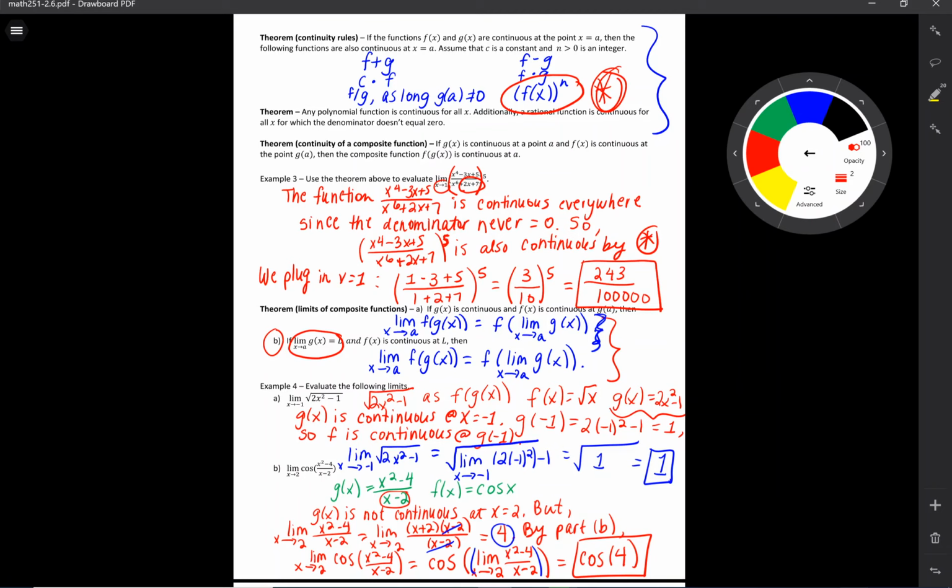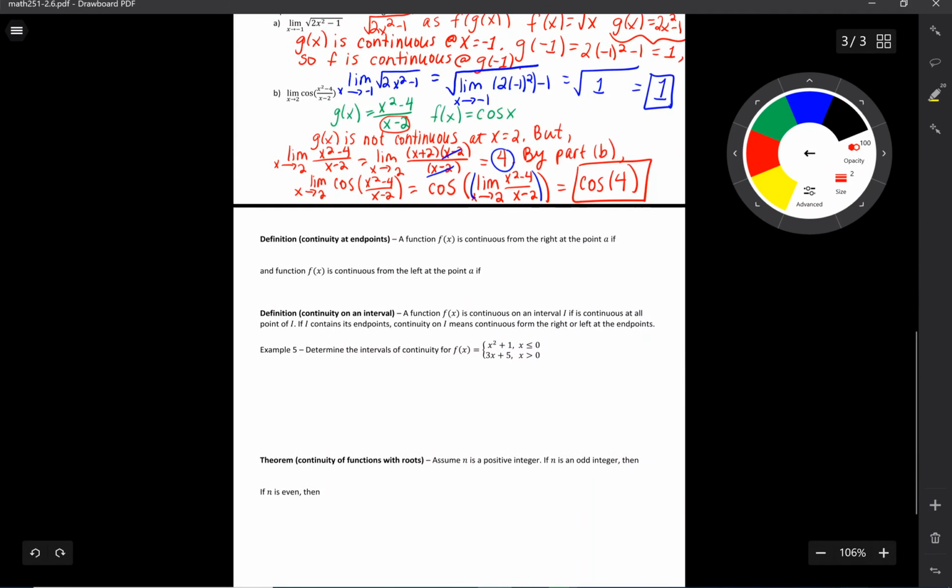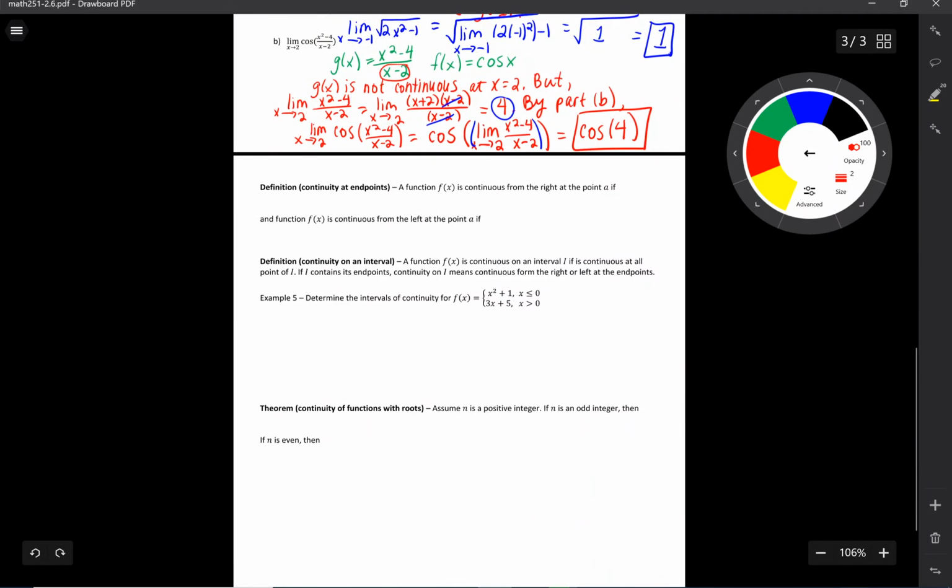All right, we have a couple more things in this lesson. We've talked about continuity, and now we're going to talk about what it means to be continuous at an endpoint. So we say a function f of x is continuous from the right at the point a if the limit as x approaches a from the right of f of x equals f of a.